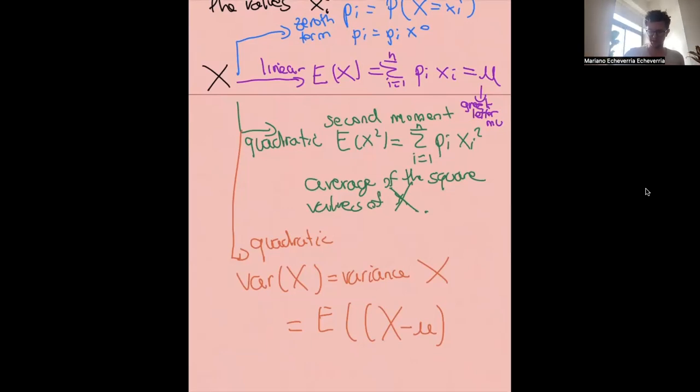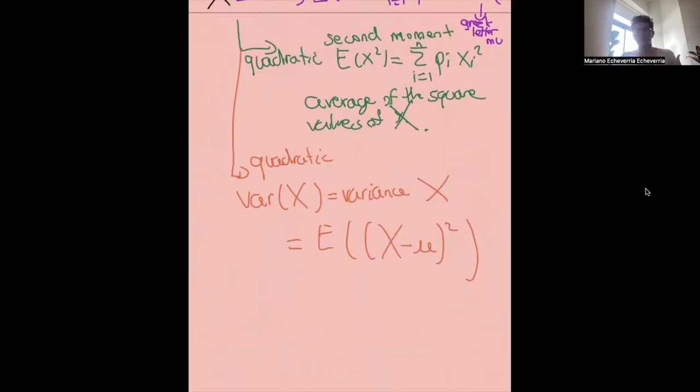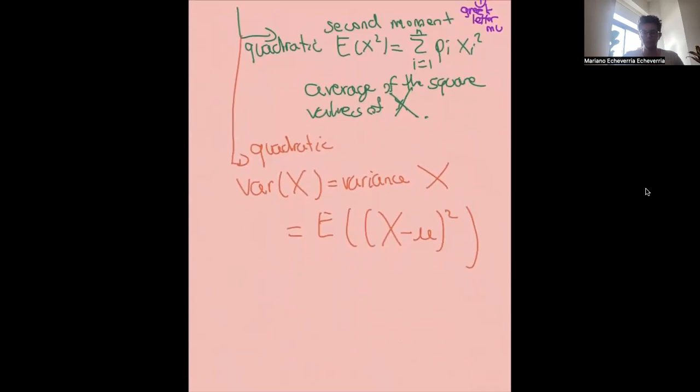So what you do is take the average of the square of x minus the mean, or the average value. If you prefer a more concrete formula, what I'm saying is that you take the sum from i equals 1 to n of p_i times (x_i minus mu) squared.